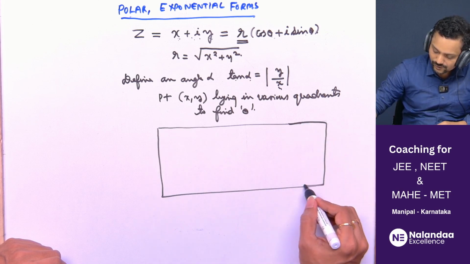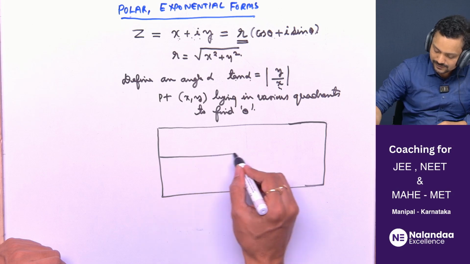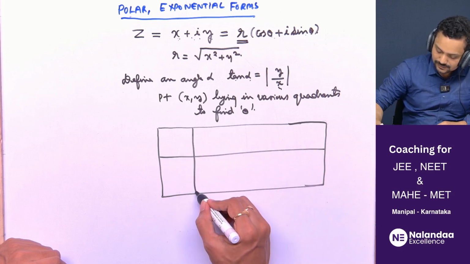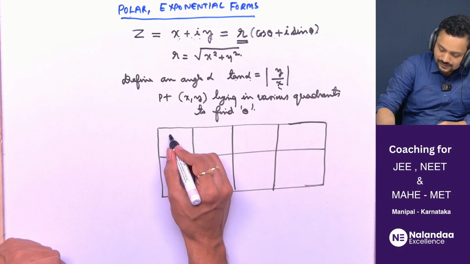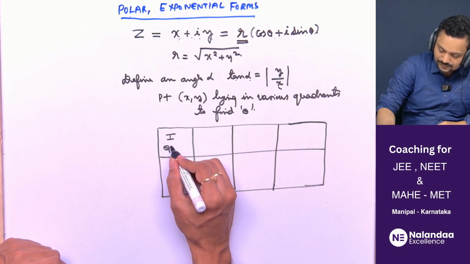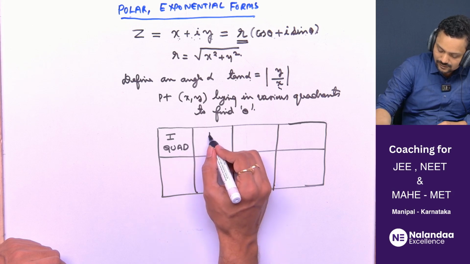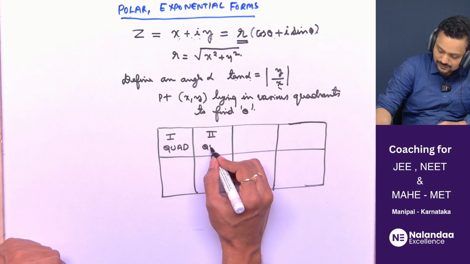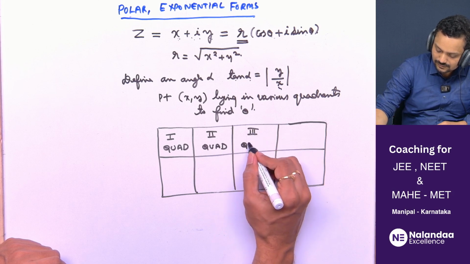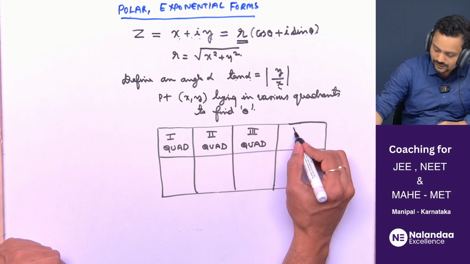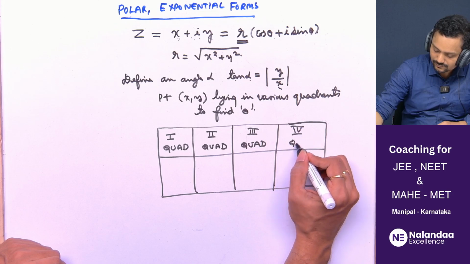So if I divide this table into four parts because there are four quadrants. This is the first quadrant, second quadrant, third quadrant, and fourth quadrant.